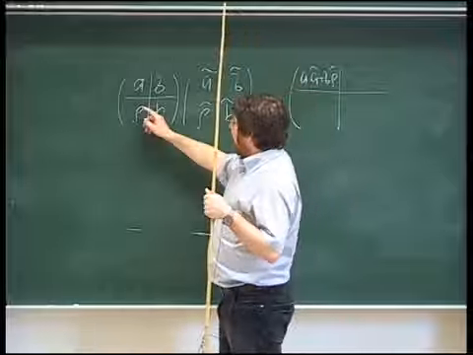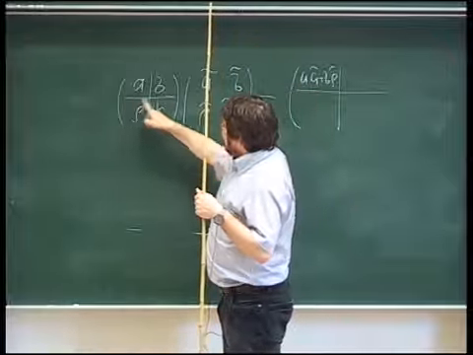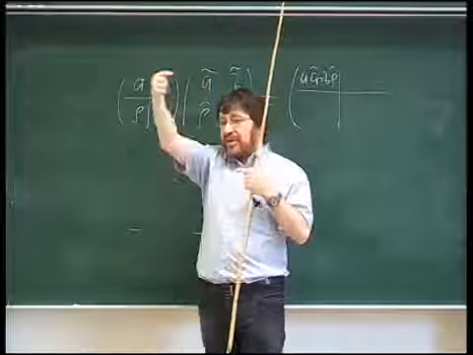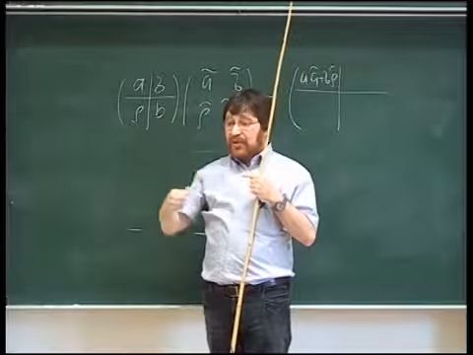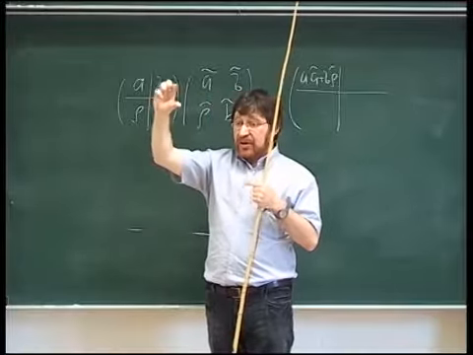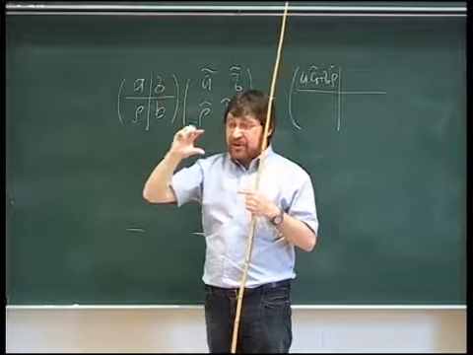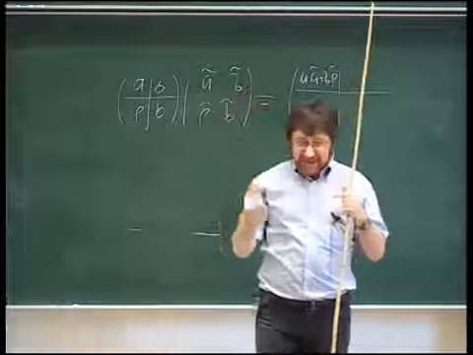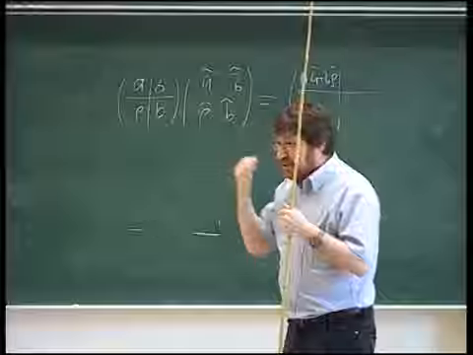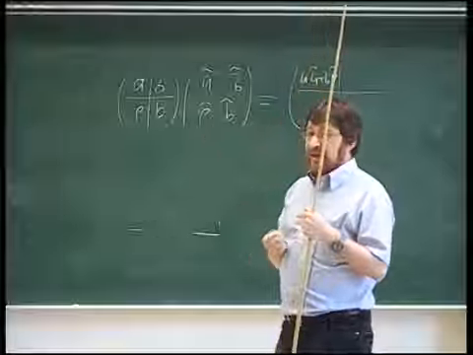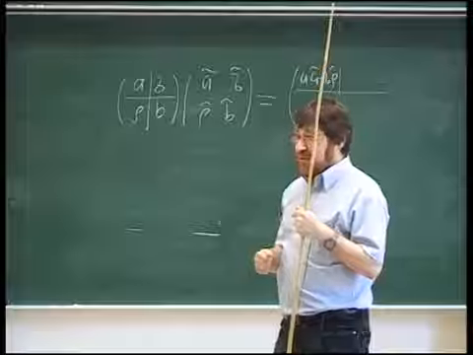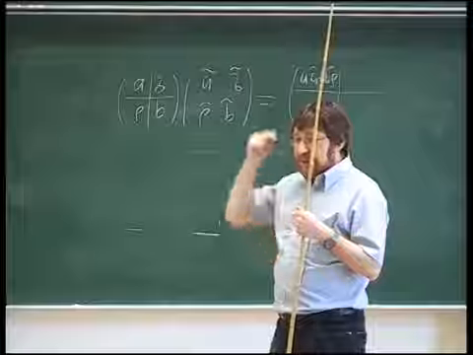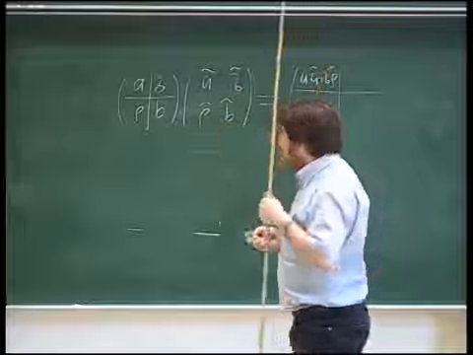Namely, we consider this decomposition in 4 blocks as naturally associated with this decomposition of a supervector in 2 halves. First made of commuting variables, and second made of anti-commuting variables. Physicists think of commuting variables as something associated with bosons, and anti-commuting as something associated with fermions. Therefore, this type of decomposition is known as boson-fermion decomposition.